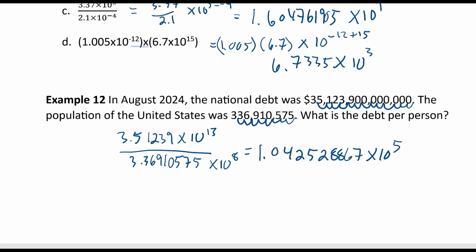So the way our government is spending, we would owe, so I'm going to move it 1, 2, 3, 4, 5, 104,252.89. So it's more than that now because it goes up every second. So $104,252.89 per person is what is currently owed because the government borrows money to give people money. Okay, hope that helps.